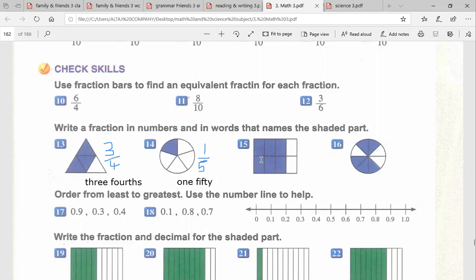Now we have question 15. Let's count first. 1, 2, 3, 4, 5, 6, 7, 8. So we have 8. And how many parts are shaded? 1, 2, 3, 4, 5, 6. So 6 over 8. Or we can also say 6 out of 8.